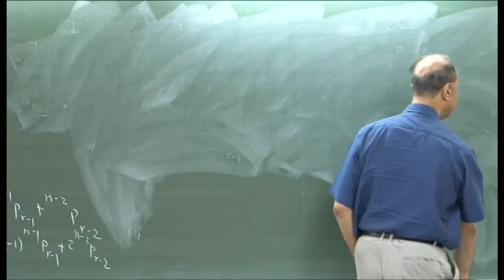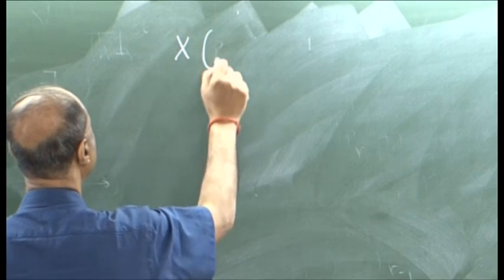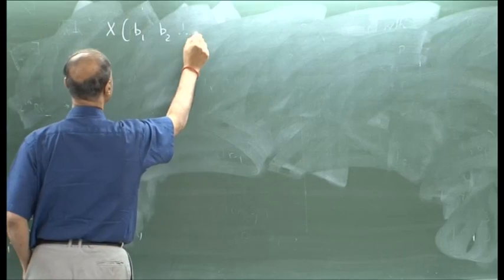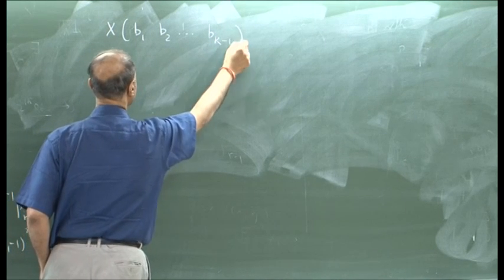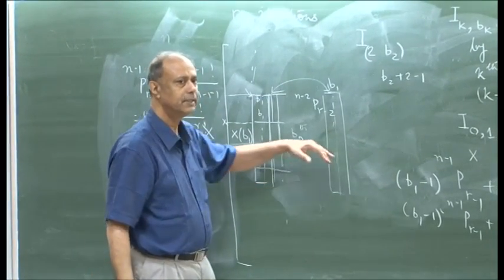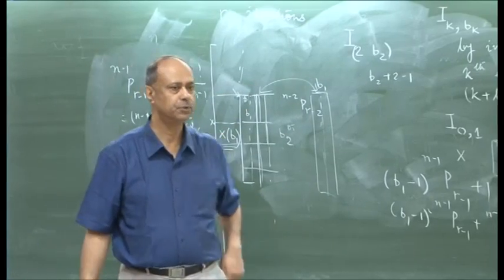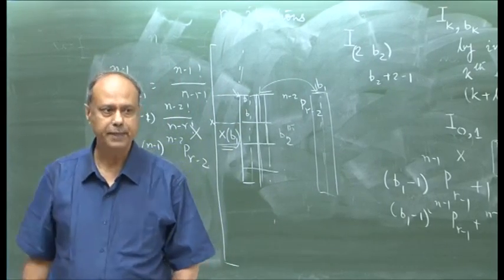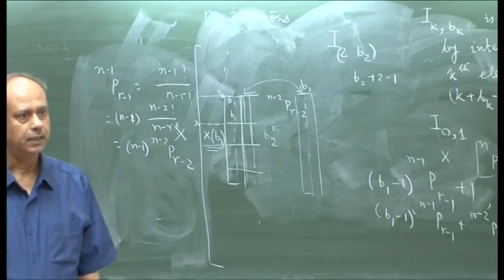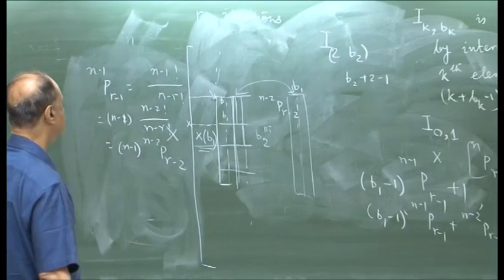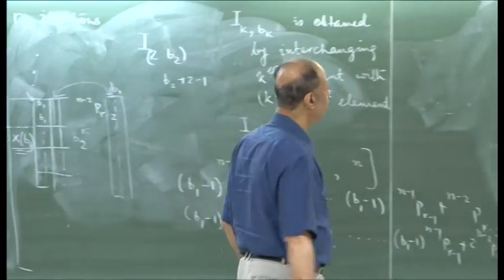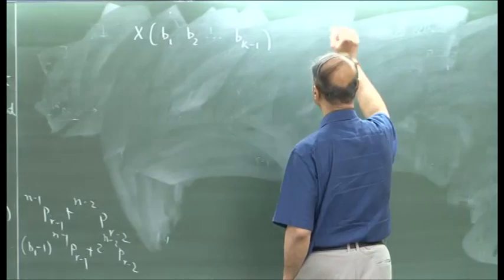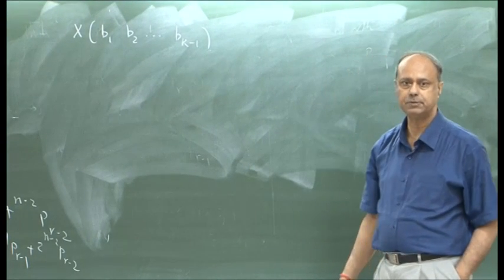Let us assume that at the kth iteration I have a subset of rows, as I define XB1, subset of rows x, b1, b2, bk minus 1. Right? And can you tell me what is the number of rows in x, b1, b2, bk minus 1?